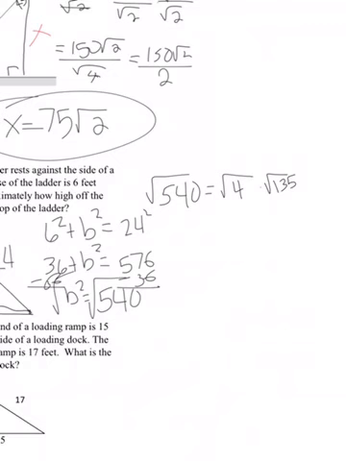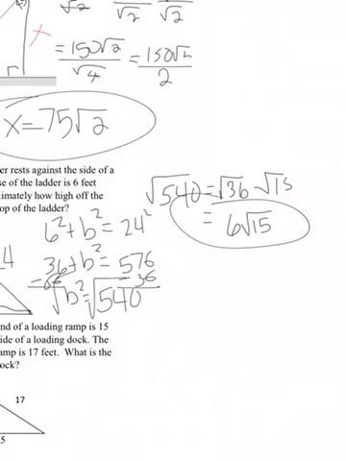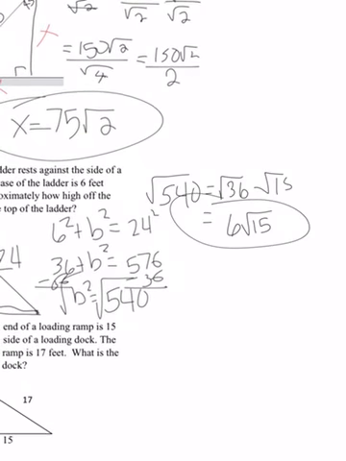No, actually, I'm going to have to change that, aren't I? 135 could have been broken down. So actually, it should be 36 times 15. Okay, square root of 36 is 6. Square root of 15 is going to be 5 and 3, which you can't do anything with. So you leave it like that.